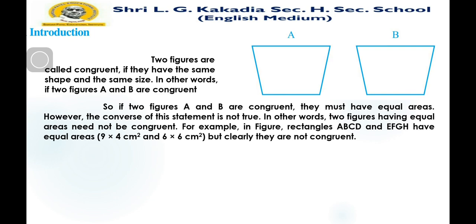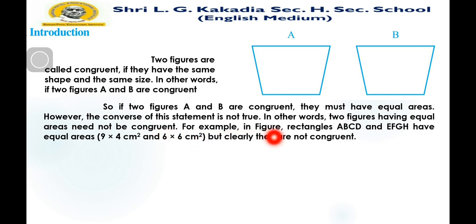So if two figures A and B are congruent, they must have equal areas. However, the converse of this statement is not true. It means that if the areas of any two figures are equal, then the figures need not be the same. In other words, two figures having equal areas need not be congruent.